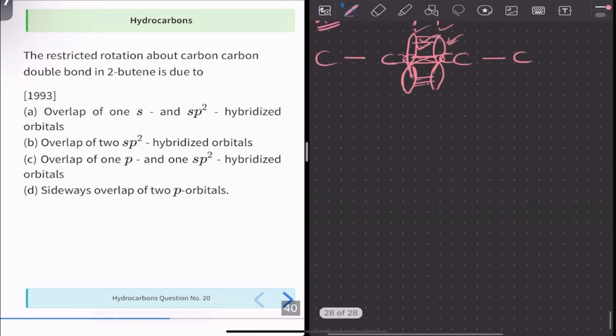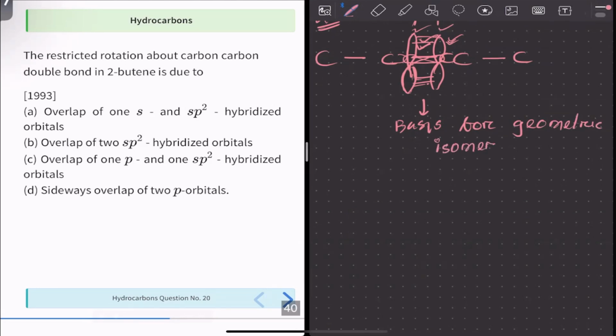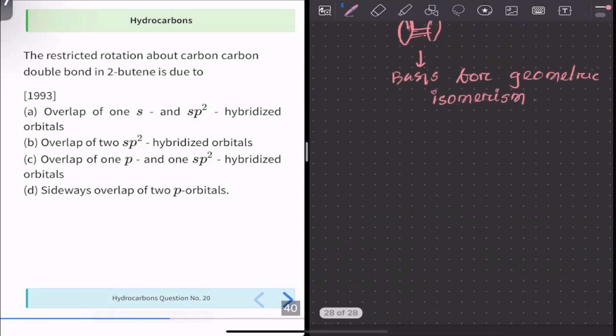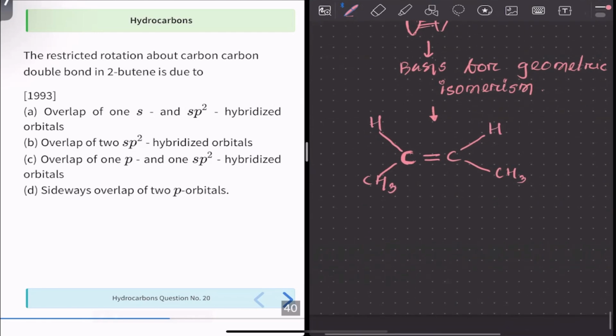Okay, this is the basis for geometric isomerism. Let's suppose this is CH3, and this is 2-butene.